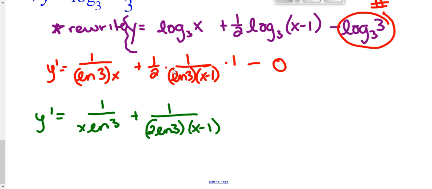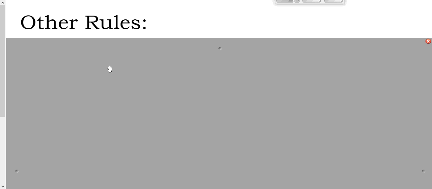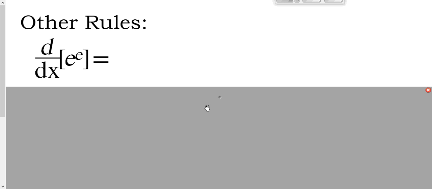Now, there are a couple things to keep in mind. We have some other rules. Just not really rules. This is more of things to remember than anything new. What is the derivative of e to the e? Well, it's a number. E is a number. E to the e is a number.